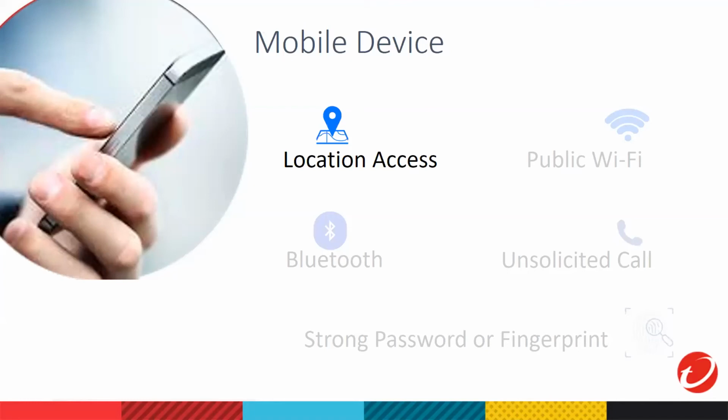Where is it taken from? And I can view the exact geo map if your tagging is enabled. So for me, I usually turn off that location access. I only use it when I'm using the navigations. But if not, I usually turn it off.